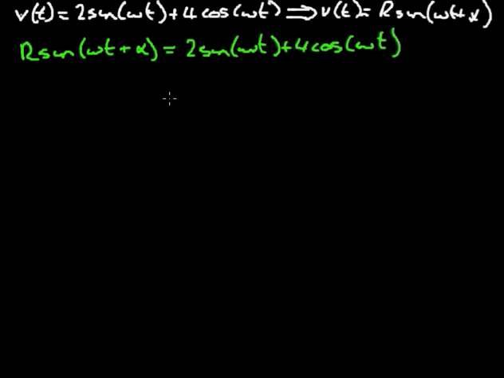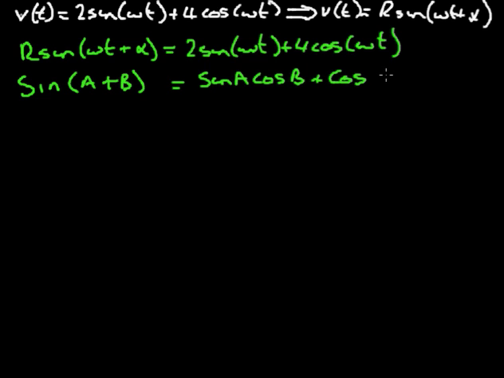Then I looked at the trig identities, and the identity that I found most suitable was sine a plus b equals sine a cos b plus cos a sine b.